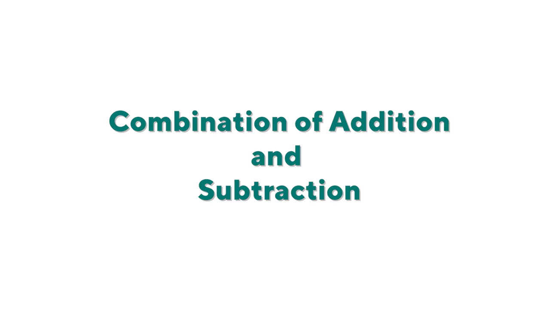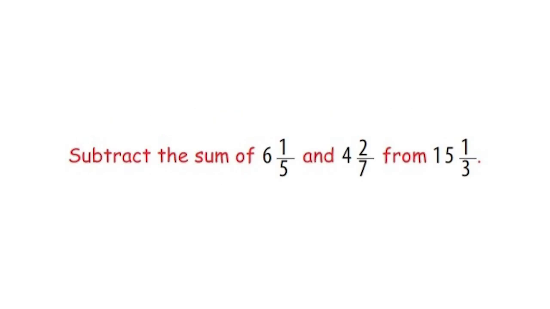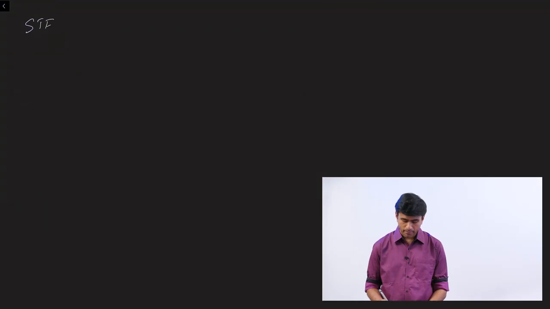Let's try a combination of addition and subtraction. Here's the question. Subtract the sum of 6 1 by 5 and 4 2 by 7 from 15 1 by 3. So the first step is to do the sum. Let's do the addition.